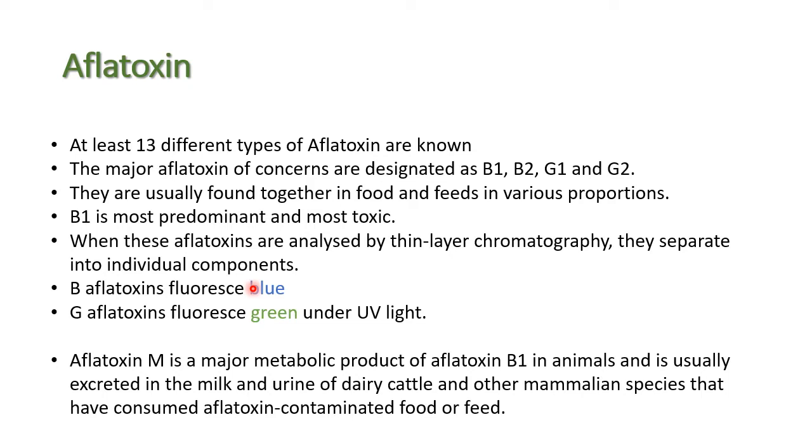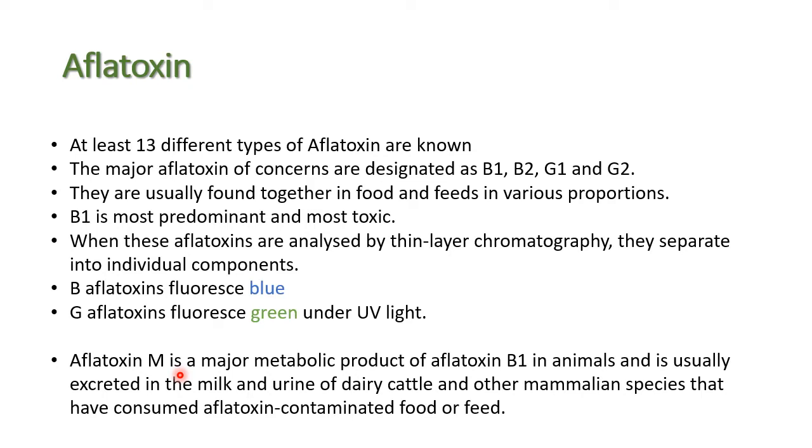Now why are they termed B and G? Because B aflatoxins fluoresce blue, and G aflatoxins fluoresce green under UV light. So after performing thin layer chromatography, you need to check the presence of aflatoxin under UV light. Then aflatoxin M is another kind of toxin which is also very significant, and you may get a question in your Viva.